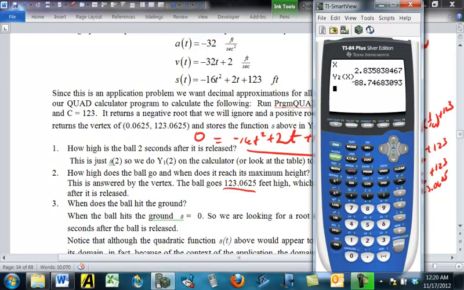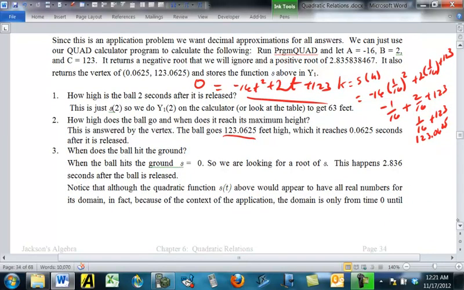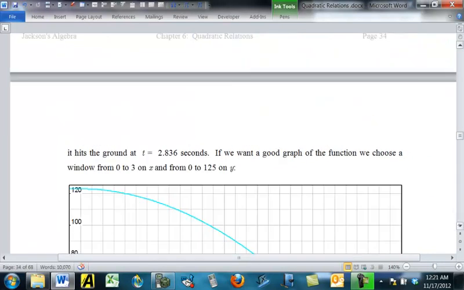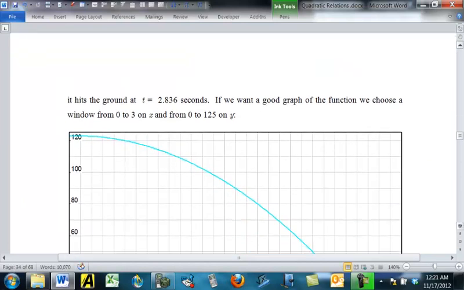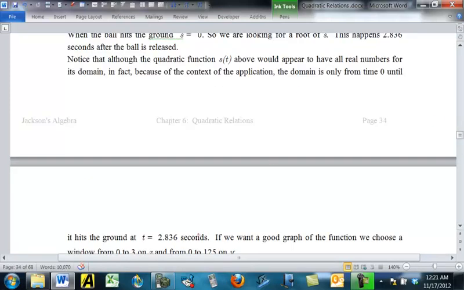And this is the velocity. Of course, it's negative because it's moving downward. So it's 88.75 feet per second going downward when it hits the ground. So the appropriate domain on this is from when it starts, when we let go at time 0, till it hits the ground at time approximately 2.836 seconds.